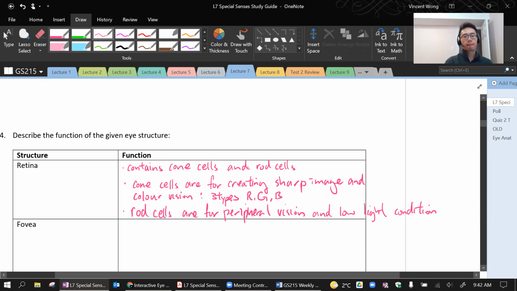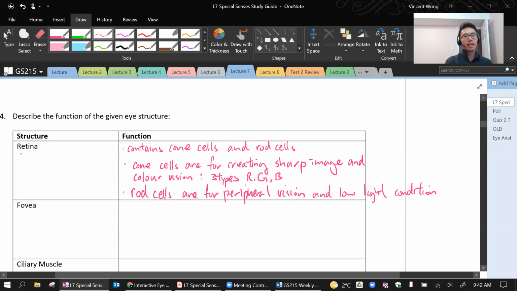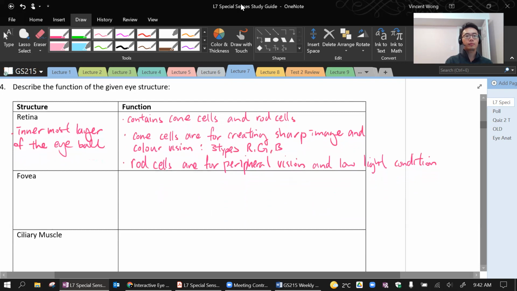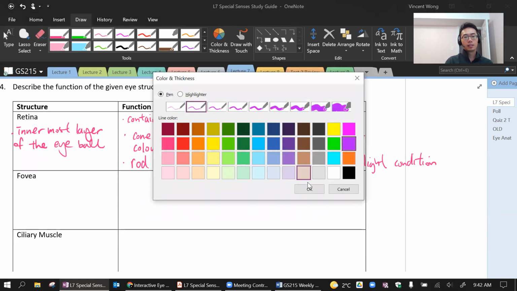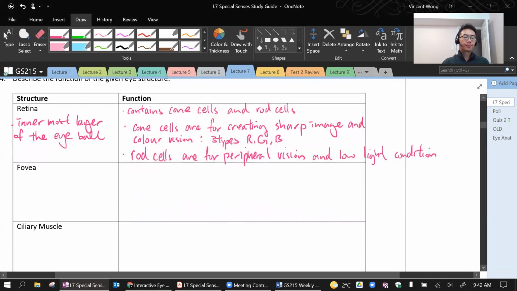That's the retina, the innermost layer of the eyeball. Any question? Okay. What happens if the retina is damaged?